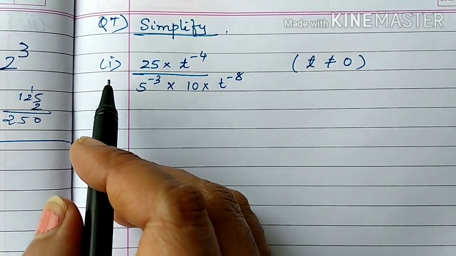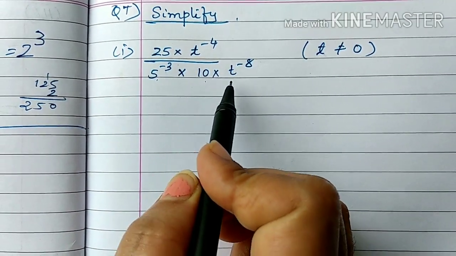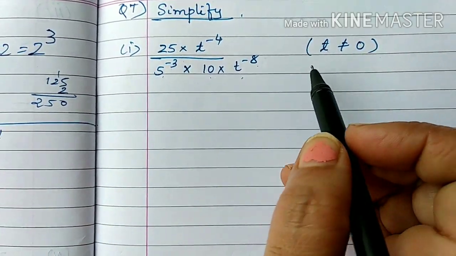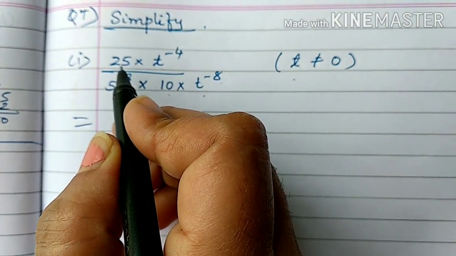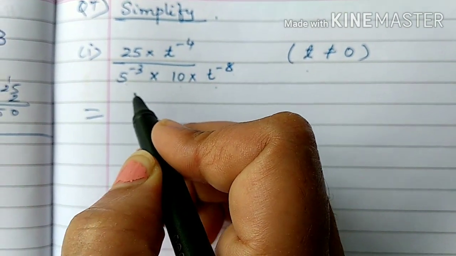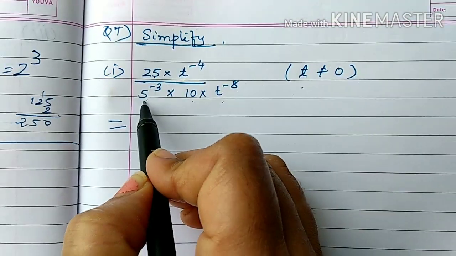Next question is simplify: 25 into t raised to minus 4, 5 raised to minus 3 into 10 and t raised to minus 8, where t is not equal to 0. We have to just simplify. To simplify, first we will collect the same variables or same numbers together. So here 25 and 5.